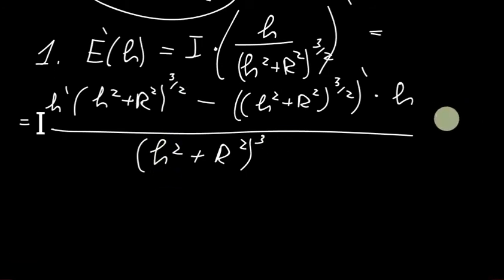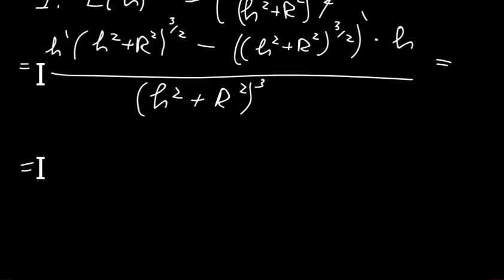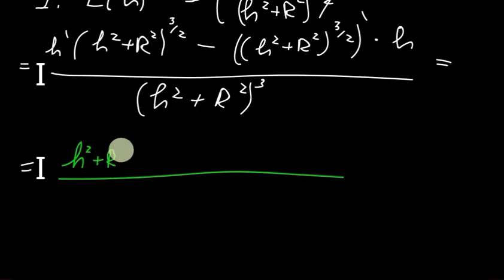Now let's continue. The derivative of h will give us 1, so it's h squared plus r squared to the power of 3/2, minus h times the derivative of this. To find this derivative, we need to apply the chain rule.